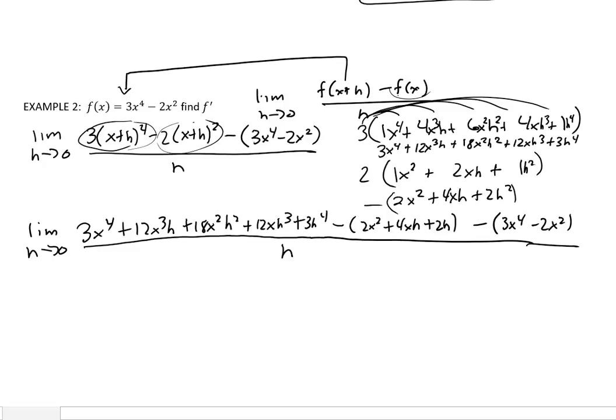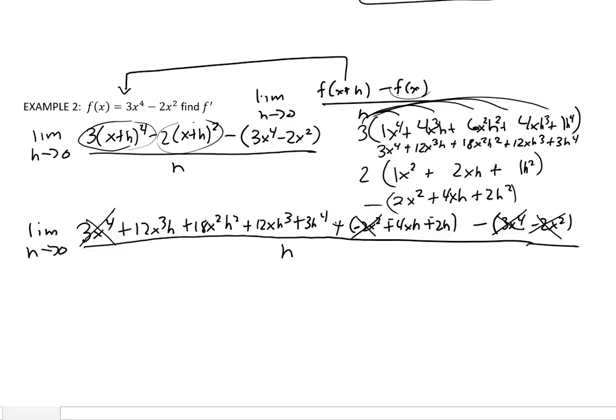So now that I've done that, I don't have to rewrite the whole thing. Now essentially those parentheses are gone, so I can look to cancel. I have a 3x to the fourth here. Do I have a 3x to the fourth over here? Yes. I have a negative 2x squared. Do I have a negative 2x squared? Yes. So those canceled. Everything left should have an h in it, and it does.